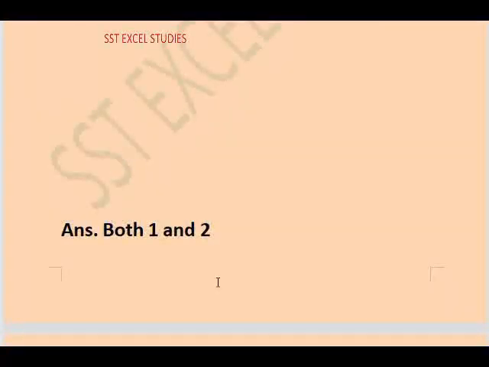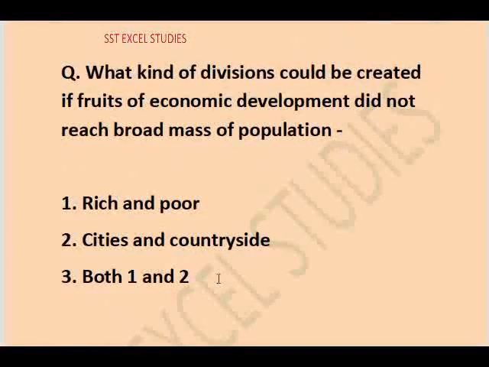Again, answer is both 1 and 2. Between rich and poor, countrysides and cities, and the people who are living in prosperous areas and the people who are living in backward areas, such kind of divisions could be created.